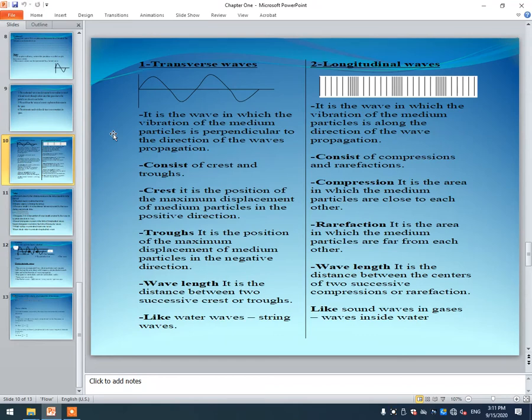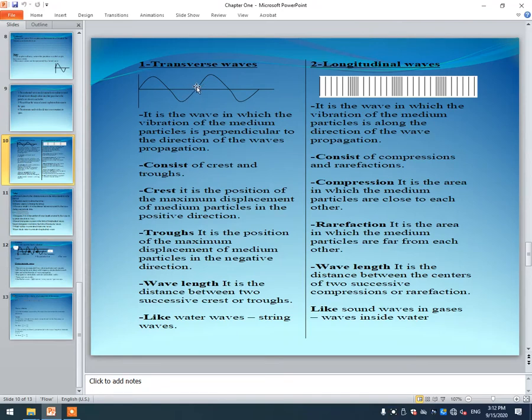A transverse wave is the wave in which the vibration of the medium particles is perpendicular to the direction of the wave's propagation, as you see here. But we need to understand this part to make you able to deal with the questions of the smart application on this part.